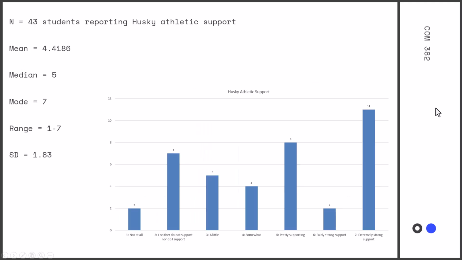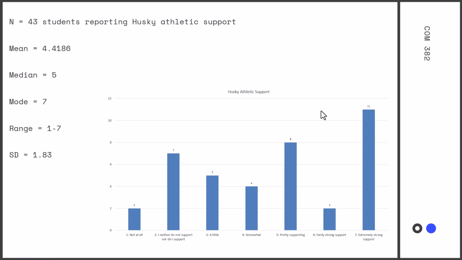So let's look at this example with how you all reported how much you support Husky athletics. We had this on a scale of 1 to 7, and the mean was 4.8. The median was 5. So you can see that the median means that it skews a little bit more towards the supporting side.